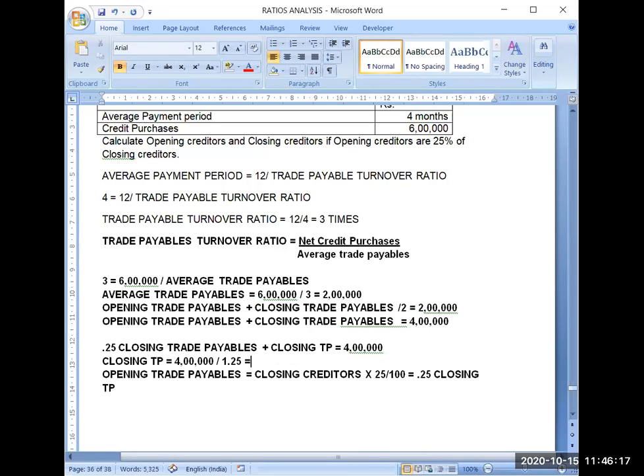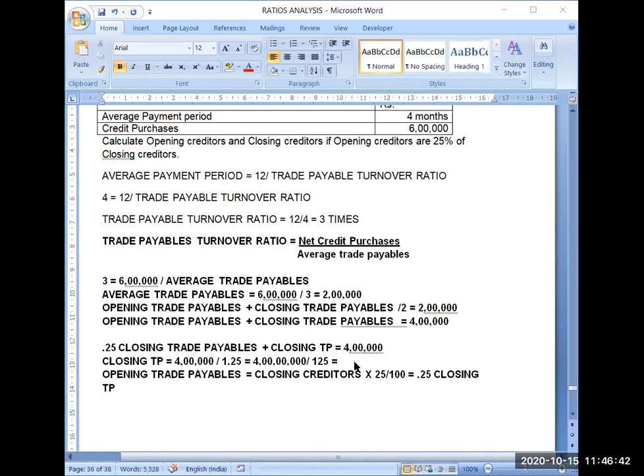So if I will solve it, if I will remove the decimal, in the numerator 2 more zeros will be added. So it will become 4 crores. And in the denominator now it will be 125. Now I can cut it short with the help of 5.